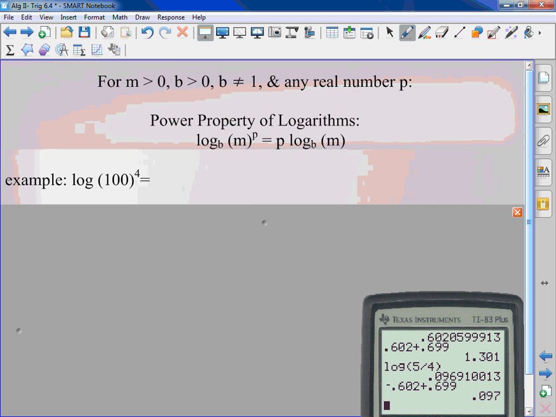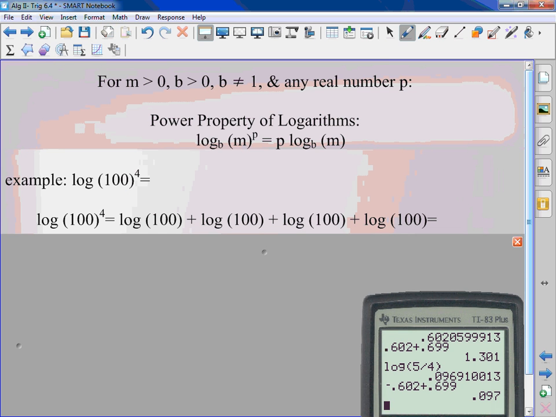For example, I have log of 100 to the fourth power. What does to the fourth power really mean? Times 100, times 100, times 100, times 100. So I really have log of 100 to the fourth is log 100 plus log 100 plus log 100 plus log 100.